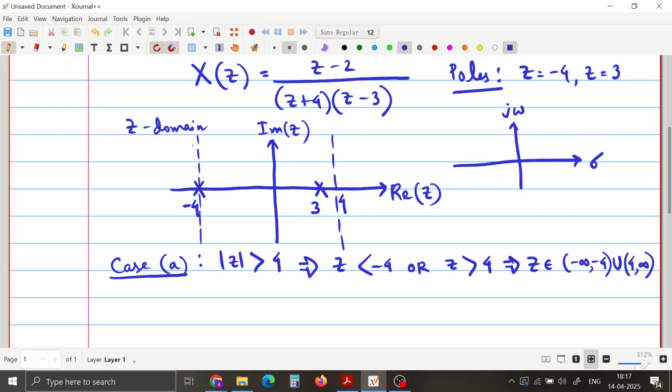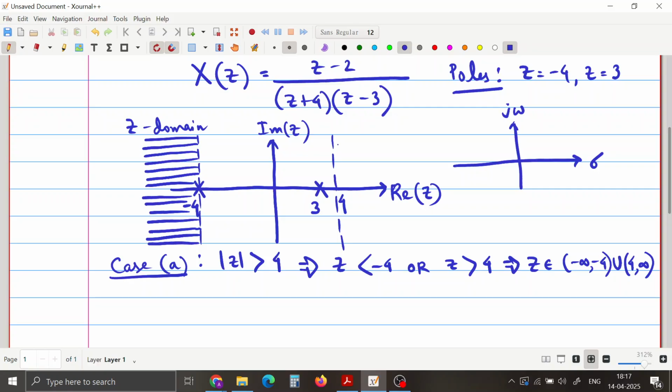So it is less than minus 4, it's like this, like this, and so on.